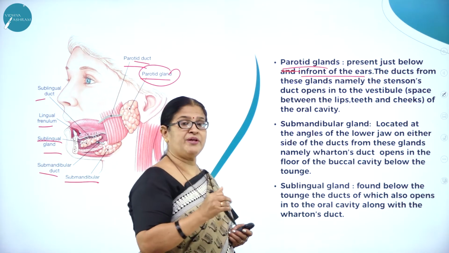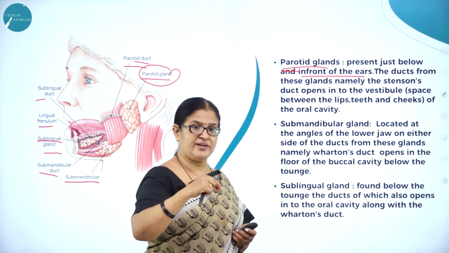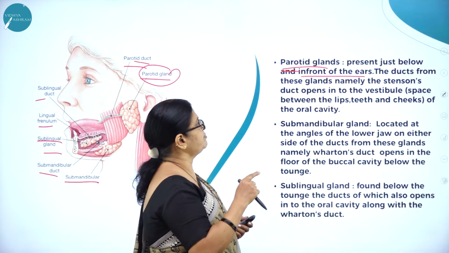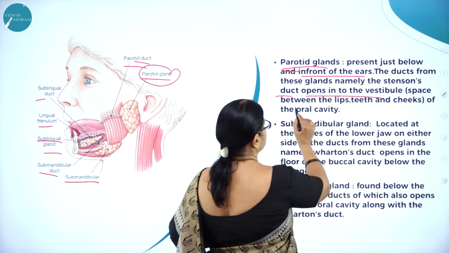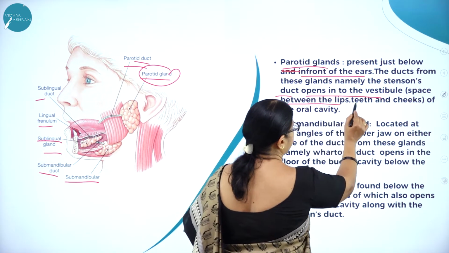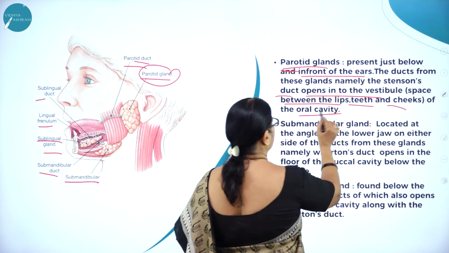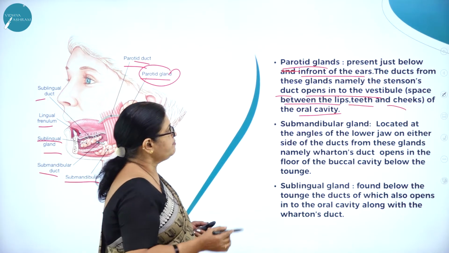The ducts, what do you mean by ducts? The pipe-like structures which carry the secretions. The ducts from these glands, namely the Stenson's duct, open into the vestibule. What is the vestibule? The space between the lips, teeth and cheeks of the oral cavity is called the vestibule.